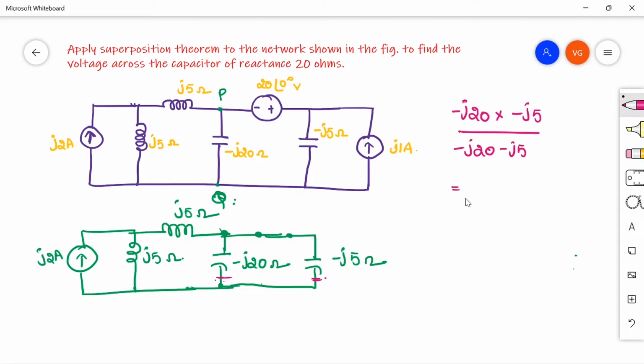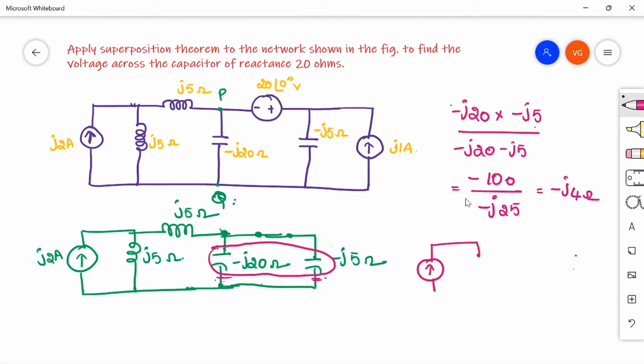So that will be minus into minus plus, and j square is minus again, minus 100 divided by minus j25. You'll be getting minus j4 ohm. So replacing these two capacitances with a single capacitance, the circuit again looks like this. See here, right? So this is my j2 ampere, j5 ohm.